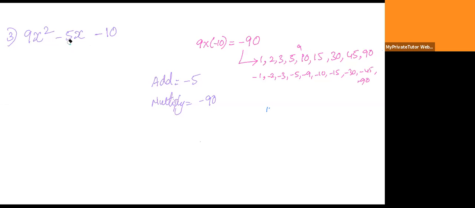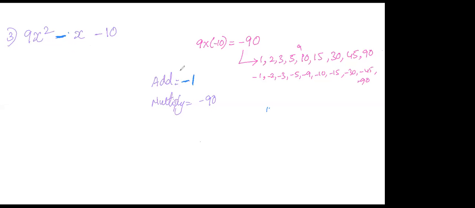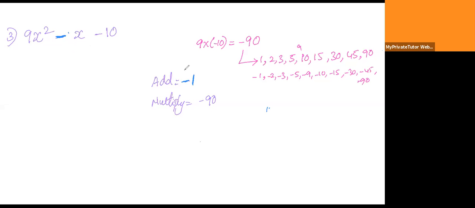Okay, I will make it a little simpler for you. Let's make it just a minus x. Please try now. Please tell me the two numbers that add up to minus 1 and multiply up to minus 90.